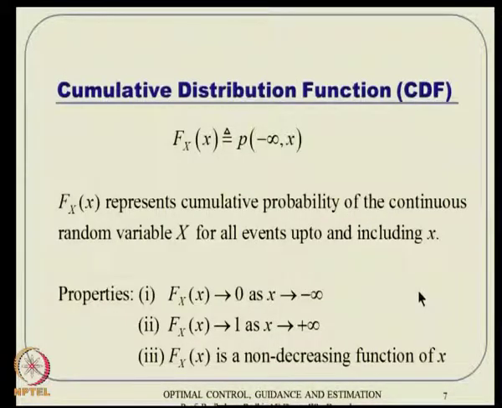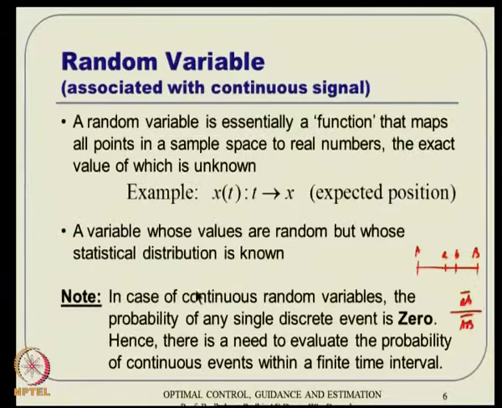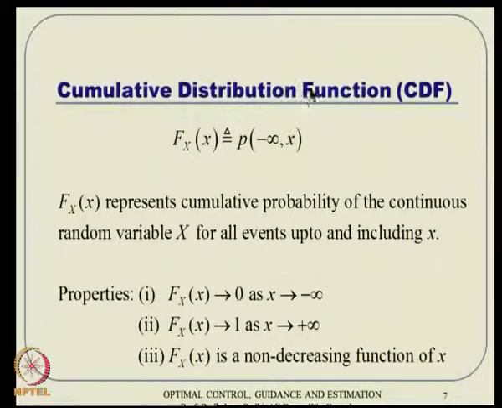But how do you define this distribution function and things like that? There are concepts like the cumulative distribution function. The cumulative distribution function is defined as F capital X of small x, defined as the probability over the interval minus infinity to x.